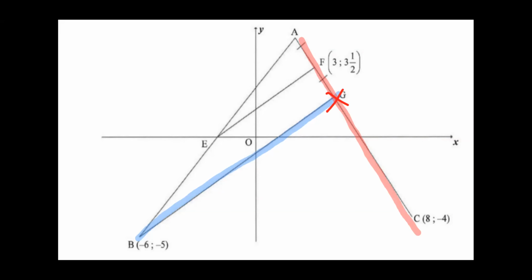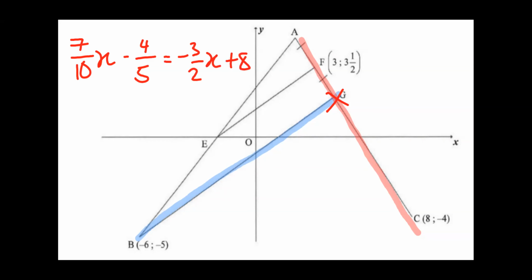Okay, so the line of BG we said was negative... no, I lie. It was positive 7 over 10x minus 4 over 5. And then the equation of line AC is negative 3 over 2x plus 8.